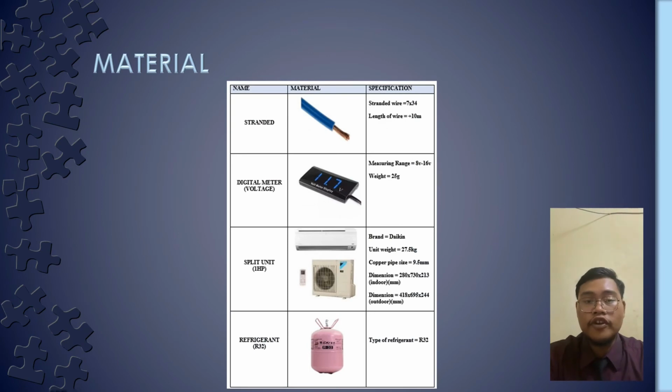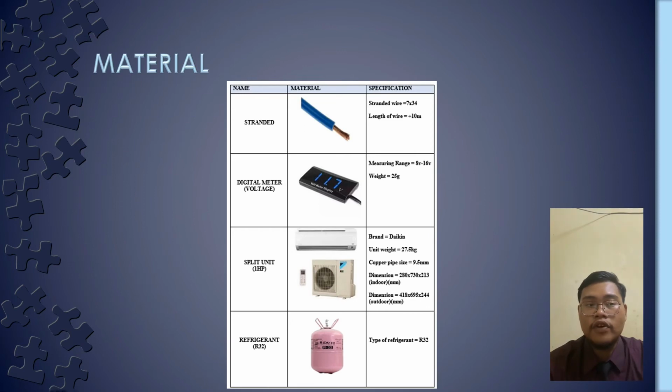Okay, next for the material, we choose to use stranded wire, with specification 7 times 34 millimeter, and the length of wire that we need is plus minus 10 meter. Then we choose to use a digital meter, used in volt unit, with a measuring range of 16 volt and weight of 25 gram.